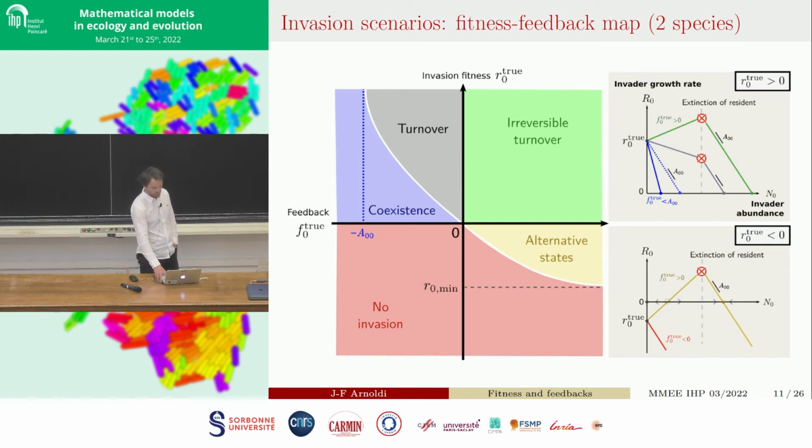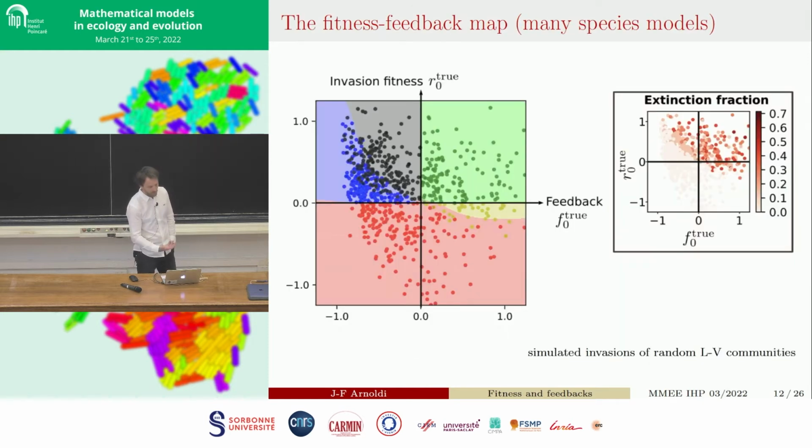And what's nice about that is that we saw the notion of invasion fitness and feedback is something we could generalize to more complex systems. So this phase space, you can draw it for more complex communities. Here, these are large random Lotka-Volterra communities where we generated the communities, and then we generated some invaders and looked at what was happening.